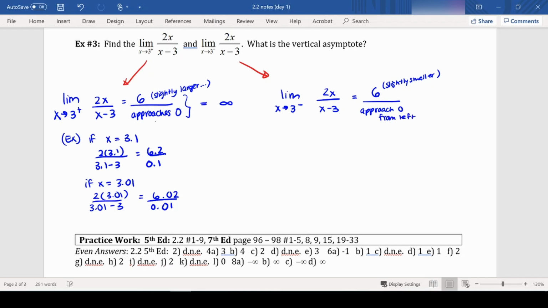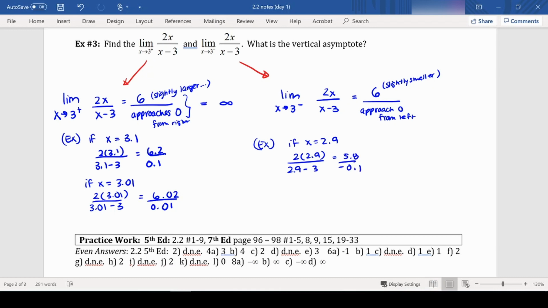So we'll just say that the previous one is from the right. So for example, if x is equal to 2.9, we would have 2 times 2.9 over 2.9 minus 3. So you're going to get 5.8 over negative 0.1.